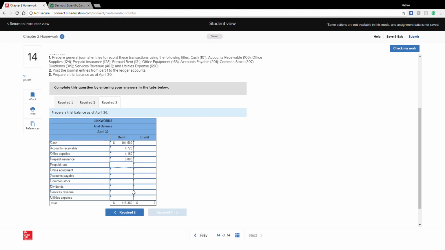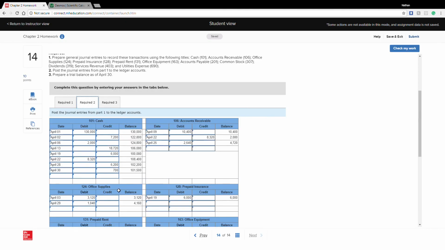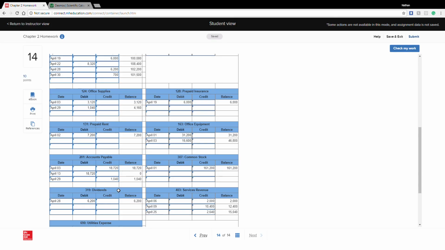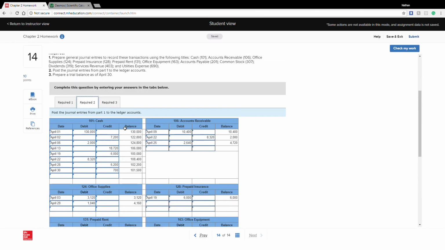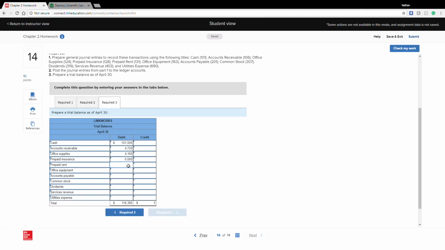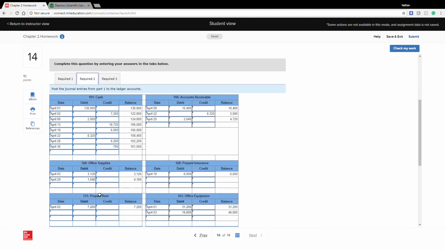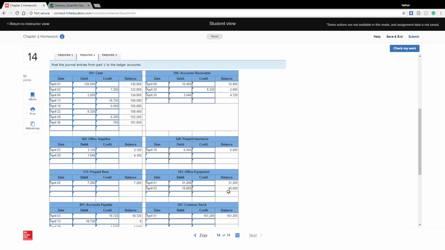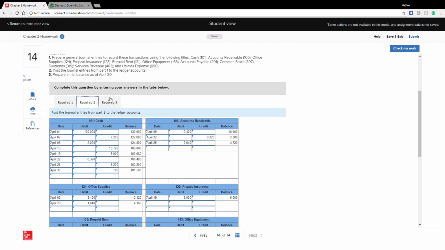And again, Connect is adding them down at the bottom. You don't have to do that part, which is good. So 7,200 for our rent. 46,800 for office equipment.